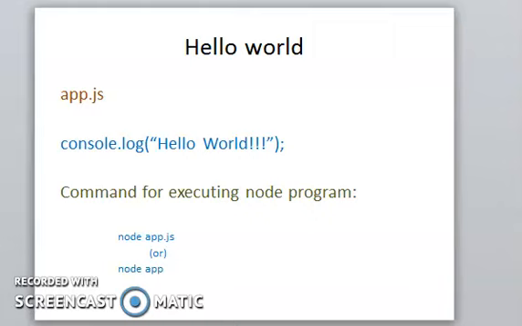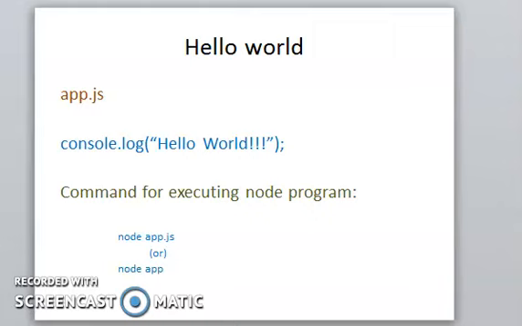For getting output we are using console.log, and this file we are saving as app.js. So my app.js consists of a hello world for display.